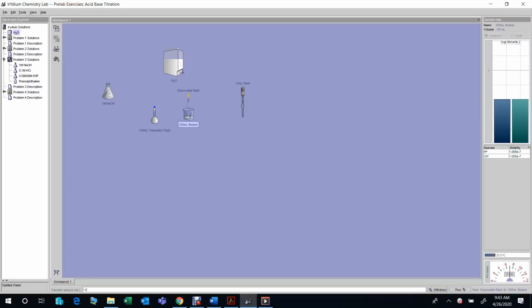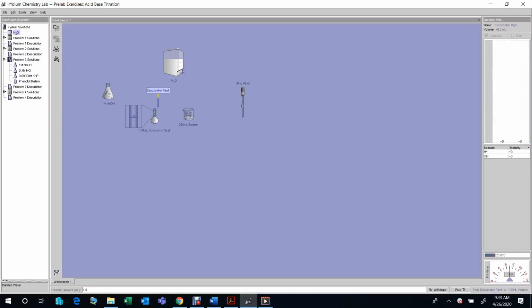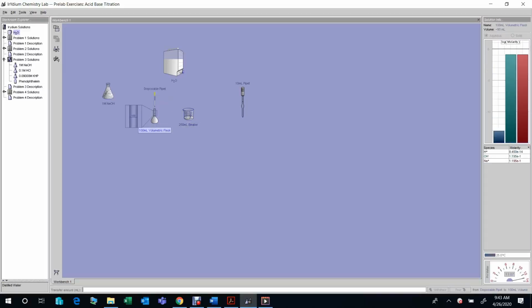Then we withdraw, and then we pour. Withdraw and then pour, same volume, pour, and then withdraw and then pour.